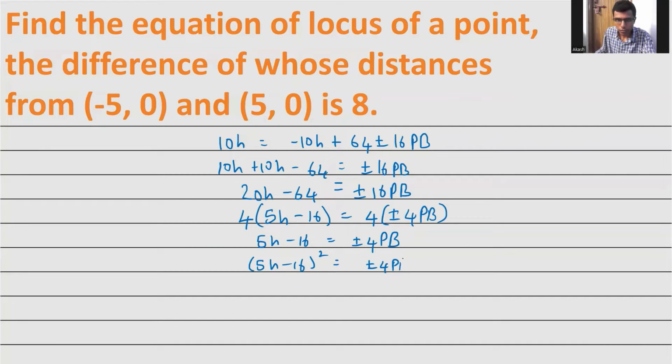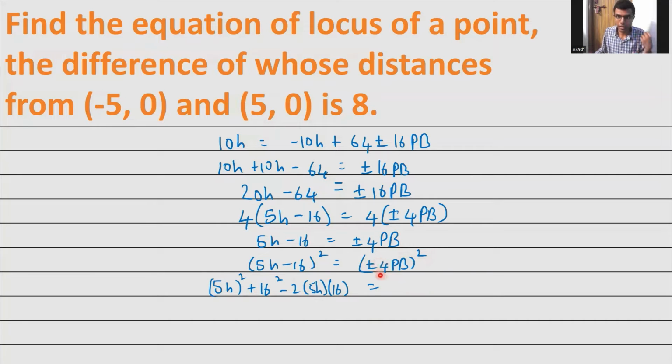Now you can expand this one, and I'm going to write it nicely because mistakes can happen: minus 2 into 5H into 16, like the form a square plus b square minus 2ab. Even if you take plus or minus within the square, ultimately the answer is going to be positive. That's why you can now remove plus or minus.